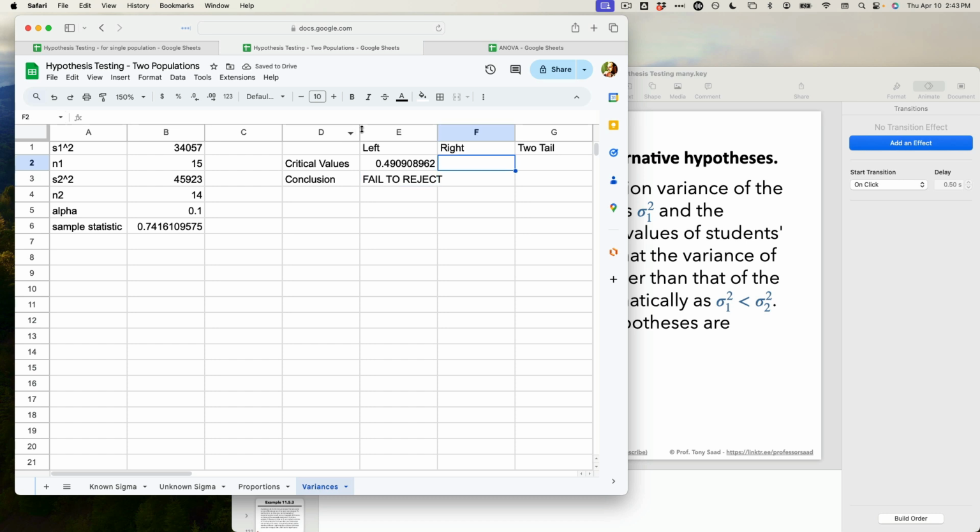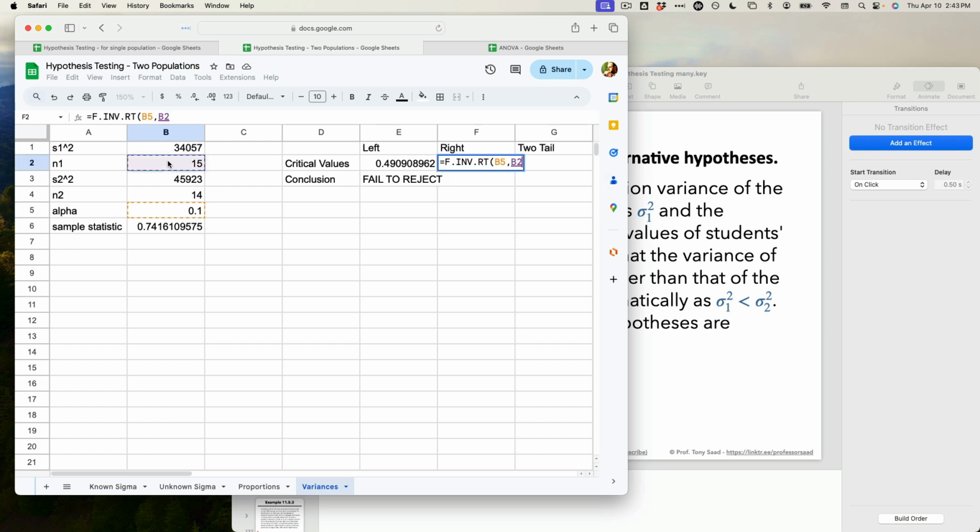On the right is going to be an F dot inverse, but I'm going to use a right tail distribution, because now on the right side, what is the F value such that the area to the right is equal to alpha? So you put in the same thing that we did in the previous one.